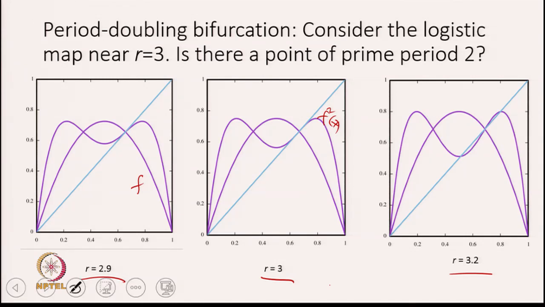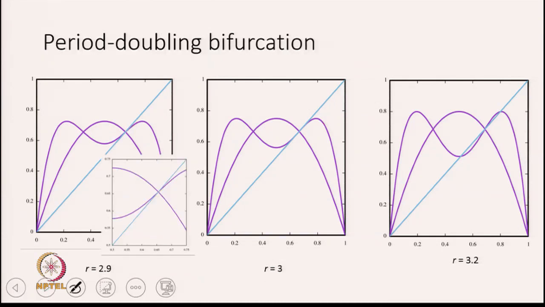And to understand that, let us look at a blow up of this region of this figure. If you look at the blow up of this region, you see that at the intersection, this is the function f of x, this is the function f2 of x, and f2 of x just crosses the diagonal line transversely over there.